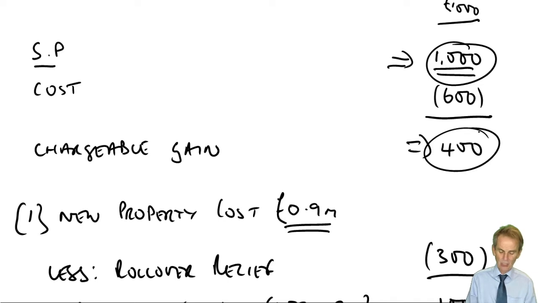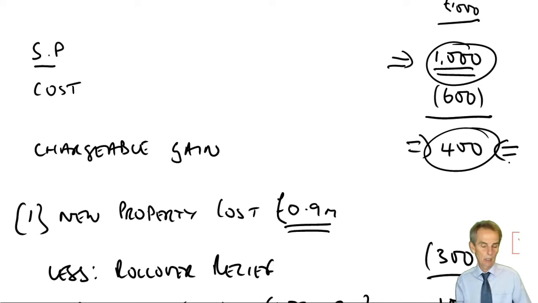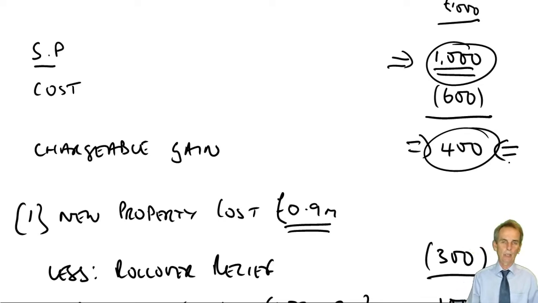In that first example, where the new property cost 1.2 million, you fully reinvested all the proceeds, therefore all of the gain arising, 400, was eligible for deferral. How do you defer it? You roll it over. You deduct it from the base cost of the newly acquired asset. That was 1.2 million less 400,000 would give you an allowable cost of £800,000 there.